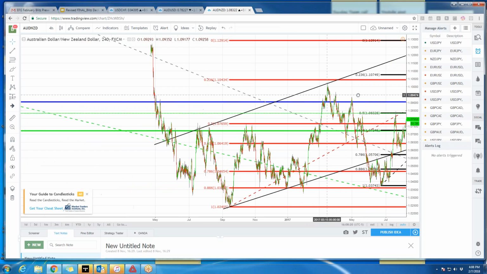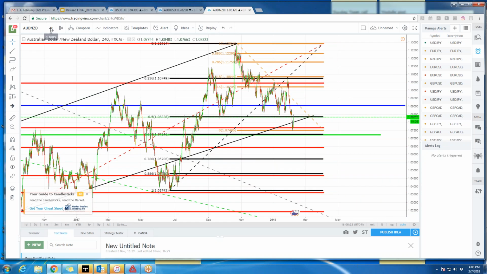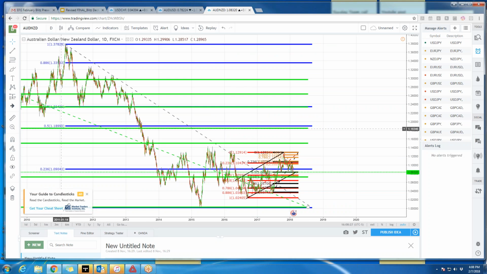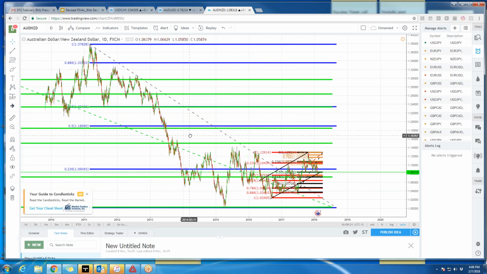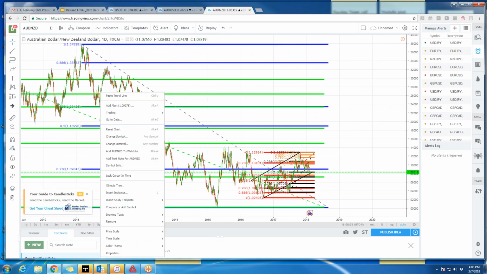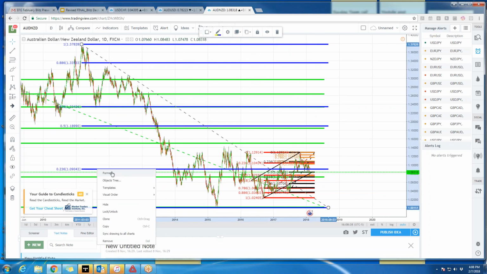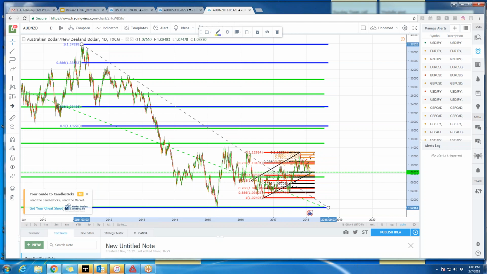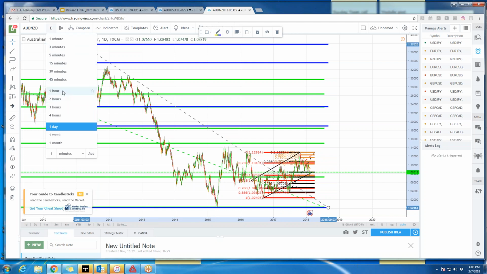I can remove this blue line, whatever it is. What is this blue line? Okay. Oh, I can't get rid of that. Well, yeah, I can. 236. Gone.